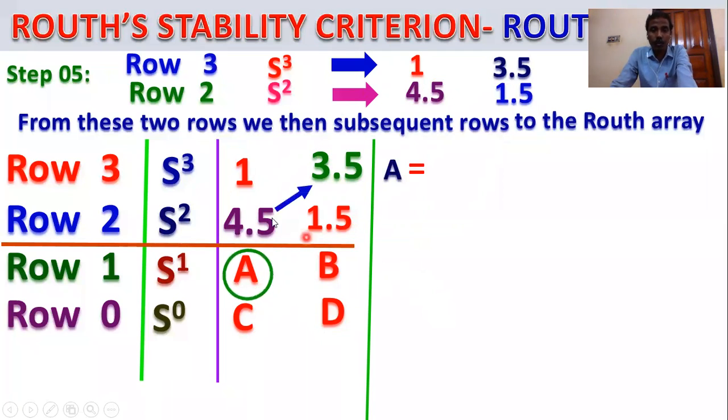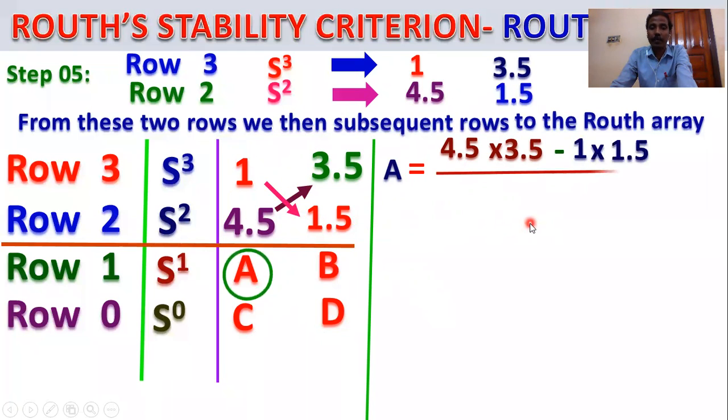A equals 4.5 into 3.5 minus 1 into 1.5, divided by 4.5. The value is 3.16. So A equals 3.16.